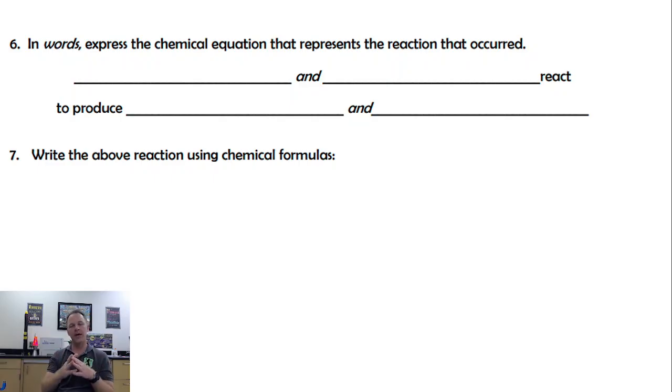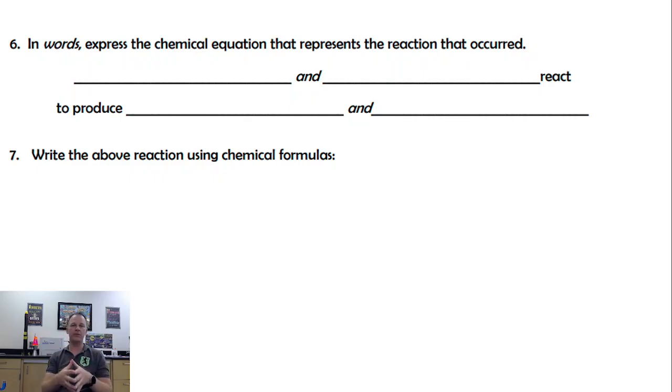So what would the reactants have been in this experiment? Did you say copper and silver nitrate? I hope you did. We had copper and silver nitrate, and they reacted, and there was some switching. The atoms in the particles changed.